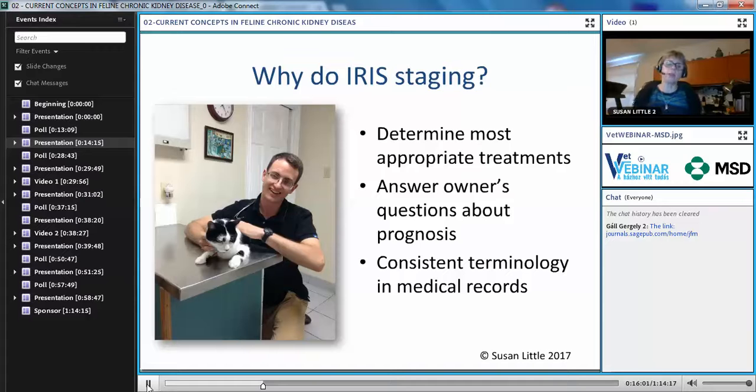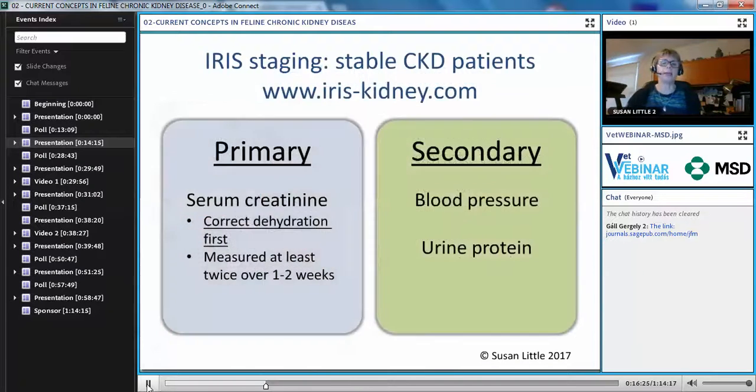So in the past, we used medical terms that really were not well defined, like renal insufficiency or renal failure. But now, if we use the IRIS staging system and you want to talk to me about a patient that is IRIS stage 2, I have a pretty good idea of what you mean. So it gives us consistent terminology in our medical records, in our research projects, in our veterinary journal articles, and so on. And that's always a good thing.